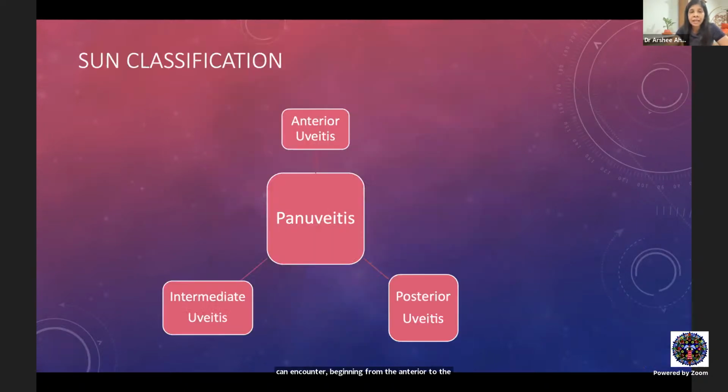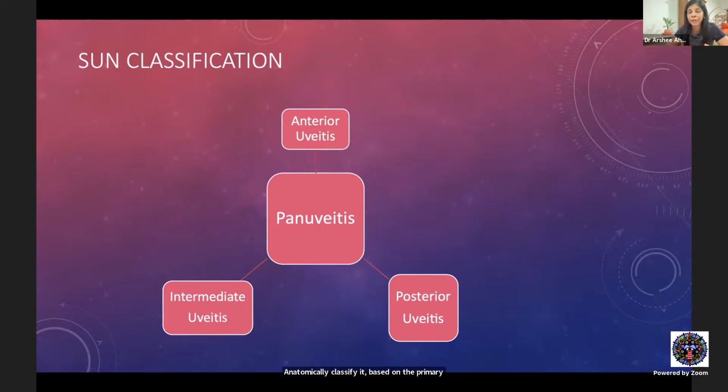So before we get into the nitty-gritty, just to refresh your memories, what is the SUN classification? That is the Standardization of Uveitis Nomenclature classification, which was put together by the uveitis societies worldwide in 2004-2005. It tells us how to anatomically classify uveitis based on the primary site of involvement.